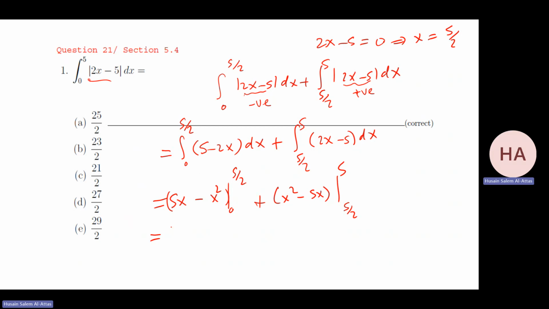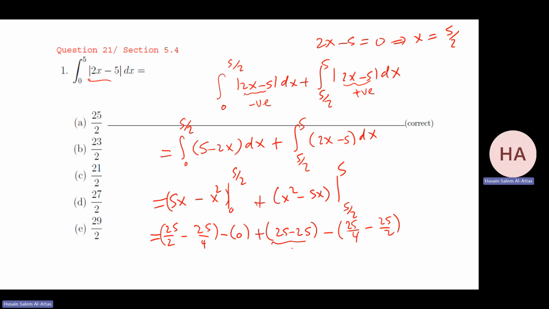That will be 25 over 2 minus 25 over 4 minus 0, plus 25 minus 25, minus 25 over 4 minus 25 over 2.